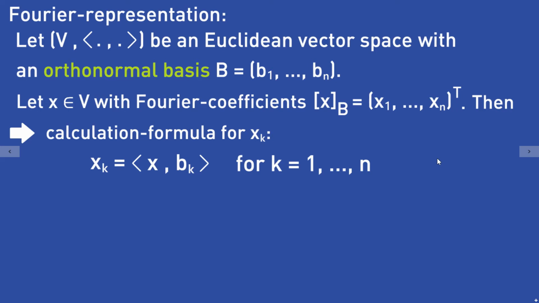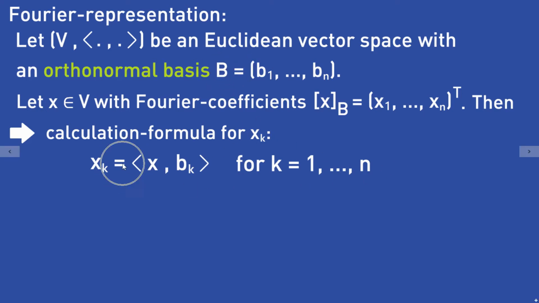You see, it is pretty easy to find these unique coefficients x1 to xn here. To find the kth coordinate of x, you just have to calculate the scalar product of x with the kth vector bk in the basis B.